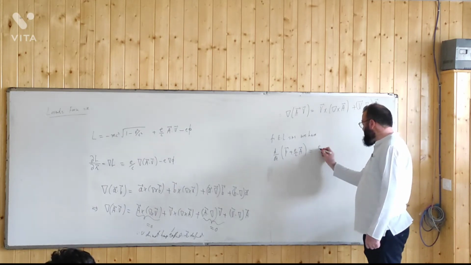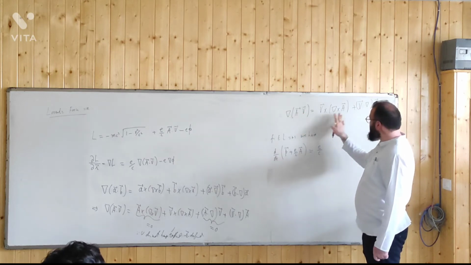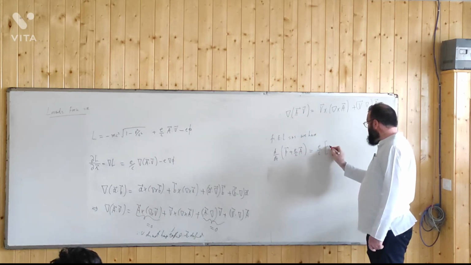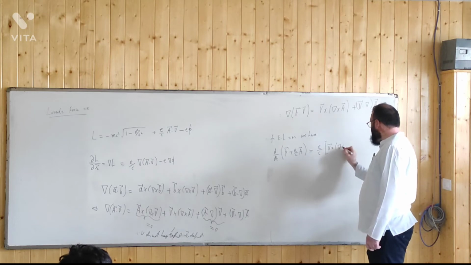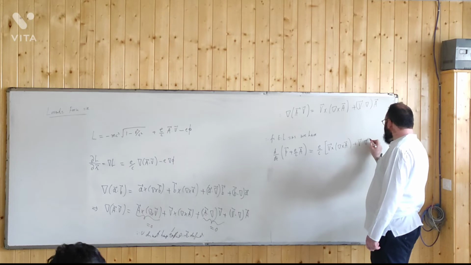E by C multiplied by the gradient of A dot V. That object is V cross curl of A plus V dot del acting on A.